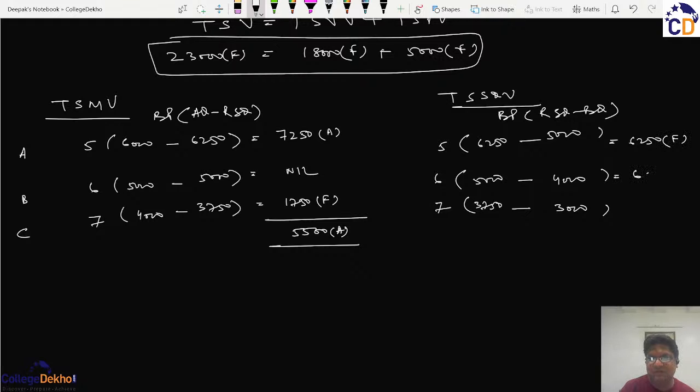This looks to be 6,000 favorable, and this looks to be 5,250 favorable, and if we do the total, then it comes out to be 17,500.